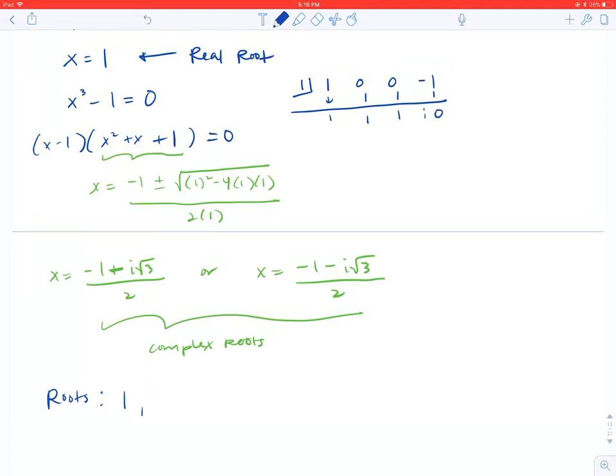If the coefficient for i is 0, then it's a real number. So all of our roots are 1, negative 1 plus i root 3 over 2, and negative 1 minus i root 3 over 2.